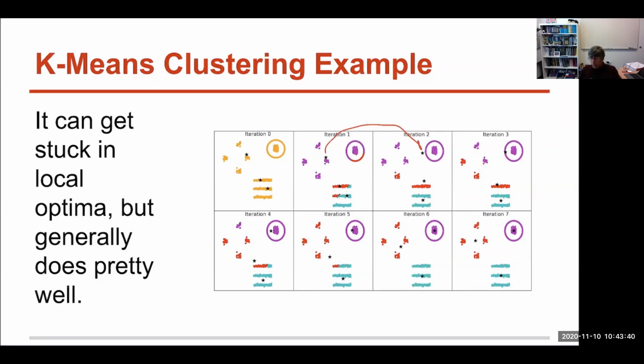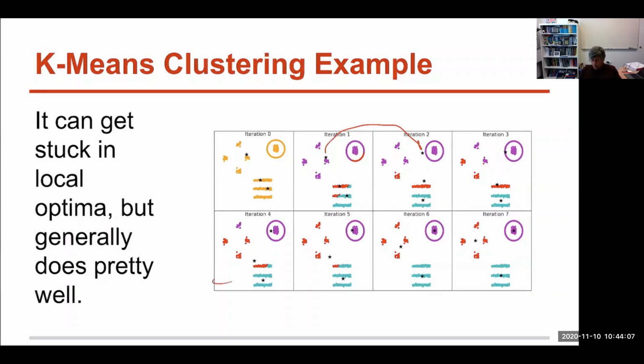And as we go through this, in each iteration we are assigning each point to its nearest cluster center. Now that we have new labels, we are going to recompute the centroids and keep going until we stabilize. And on this particular example, everything ends happily.